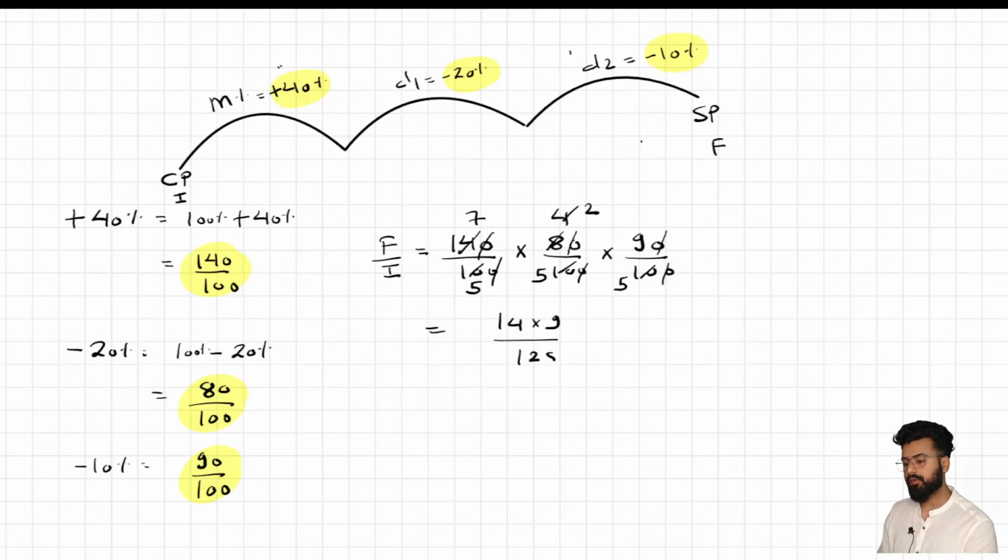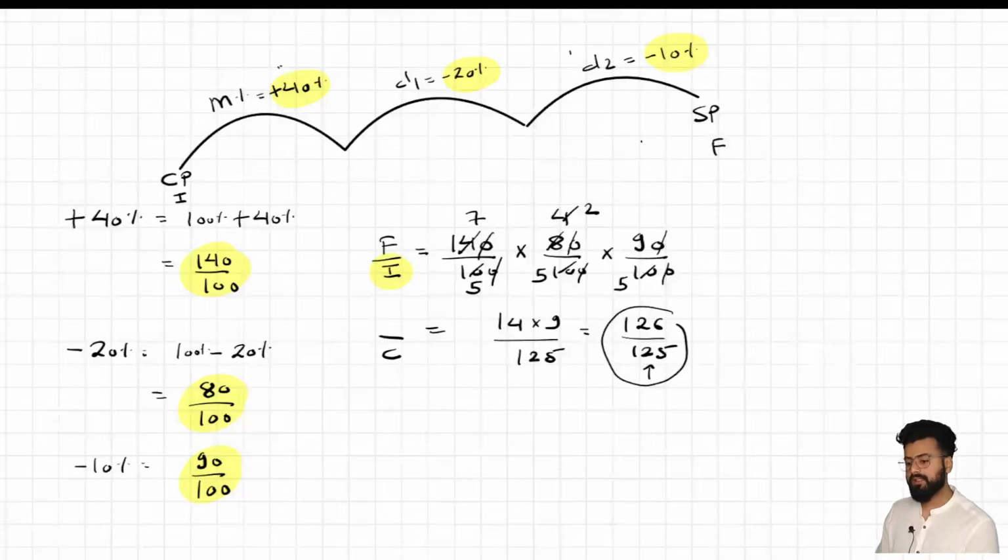And in the denominator, you have 125. What is 14 into 9? It's very easy. It's 126, I guess. Yeah. And then you have 125 in the denominator. So what we are saying, the value of cost price, why? Because initial value is always cost price, is 125, while the selling price value is 126.